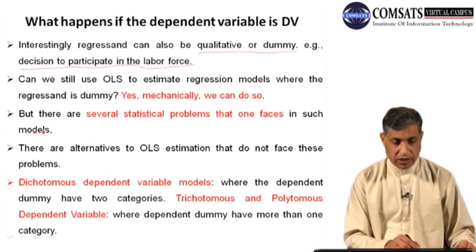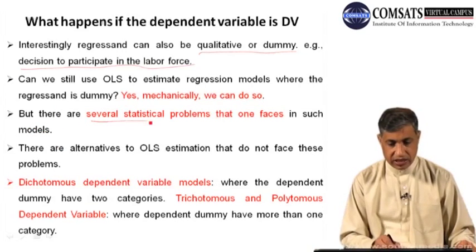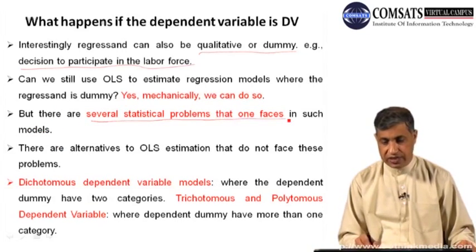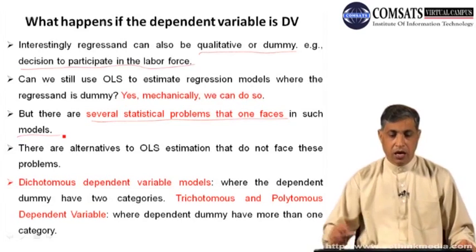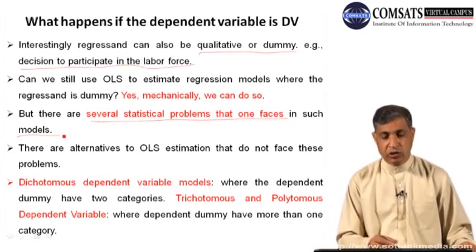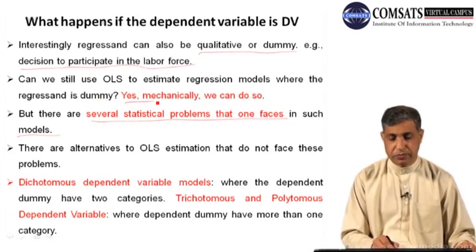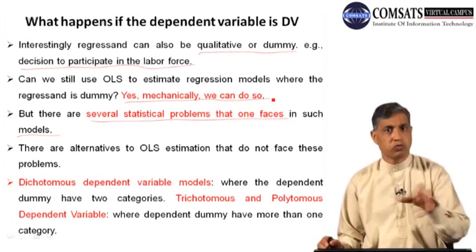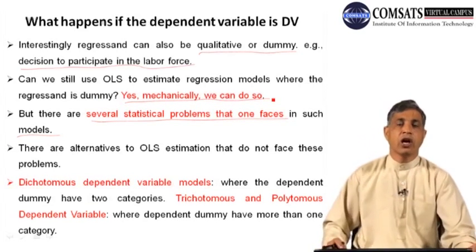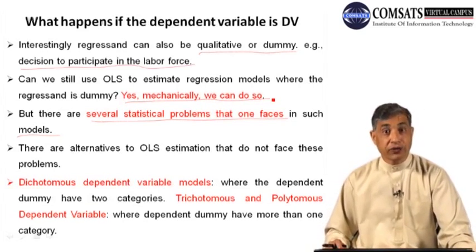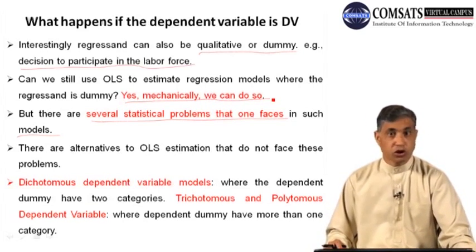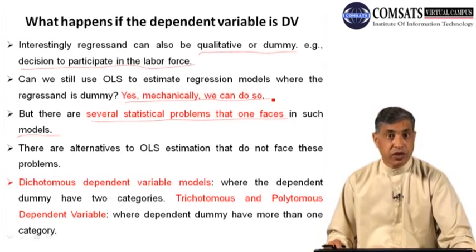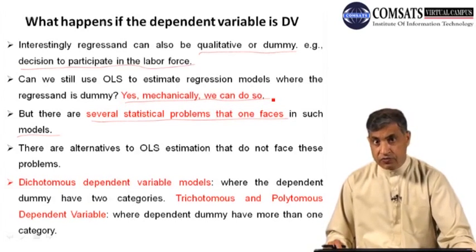There are several statistical problems that one faces in such models. Mechanically, yes, we can do so. We take the regression, we apply OLS on the model, and it will estimate our parameters. No need to worry about it, but this will be mechanics. Why will this be mechanics?